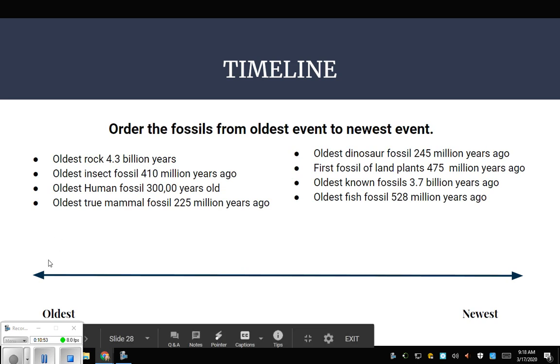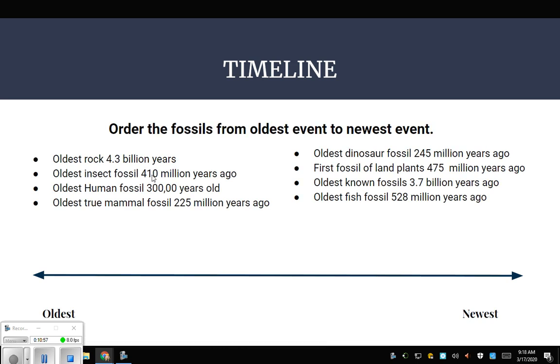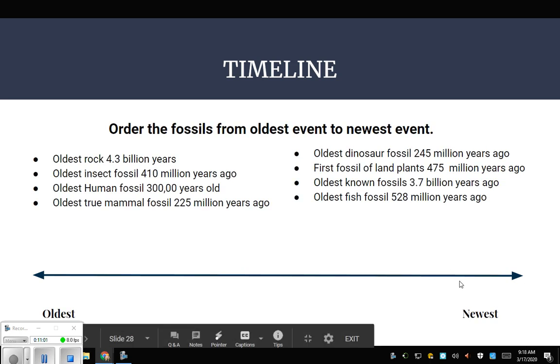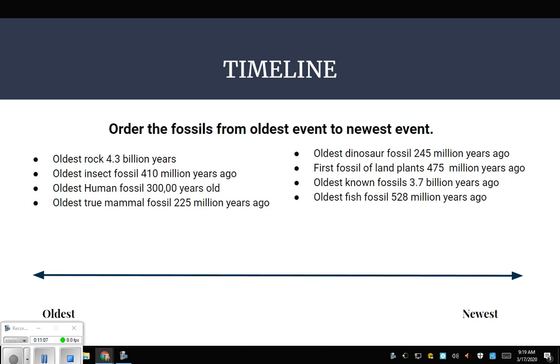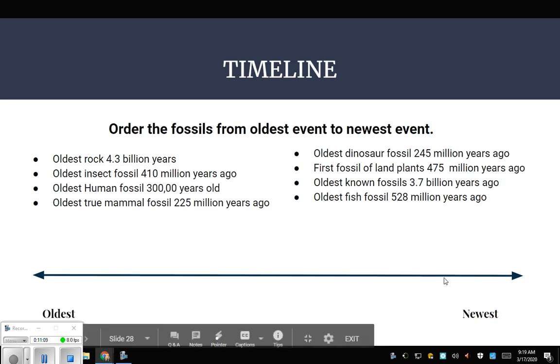The oldest insect is 410 million years old. So you're probably going to have that somewhere down here, but we'll do this in order. The oldest known fossil is 4.7 billion years ago. It's a single-celled bacteria. So we are going to take the 4.7 billion and put it right here.